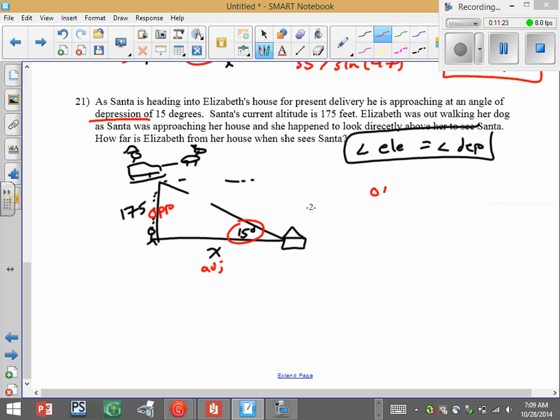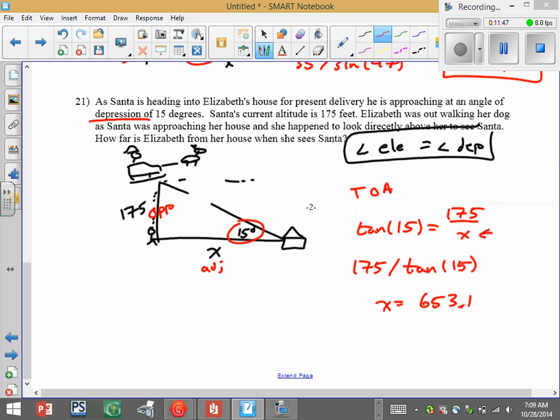OA goes with T. So we want tangent. We circled 15. That goes in parentheses. And then it's opposite, 175, over adjacent, which is x. And again, x is in the denominator, so we will divide. 175 divided by tangent of 15. And that tells us that Elizabeth is 653.1 feet away from her house.